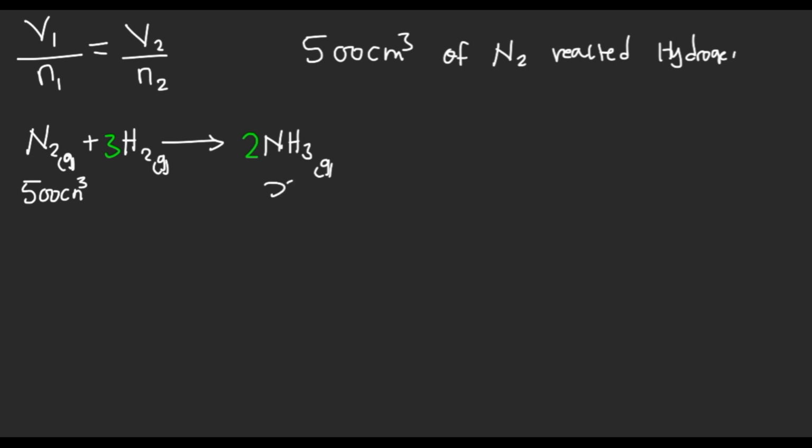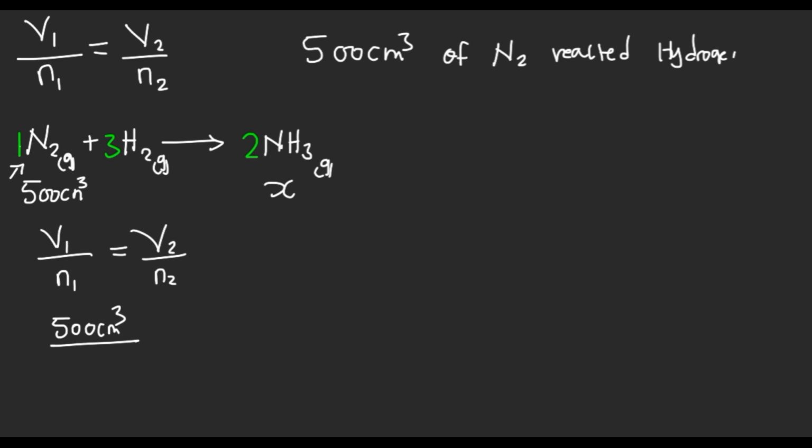Then the question is, we want the volume of ammonia. So how can we use this formula? We can now say V1 over N1 is equal to V2 over N2. The N can represent the mole ratio, or the number of moles if you have it. So the first given volume is 500 cubic centimeters over, the number of moles we are not given, but we use the mole ratio.